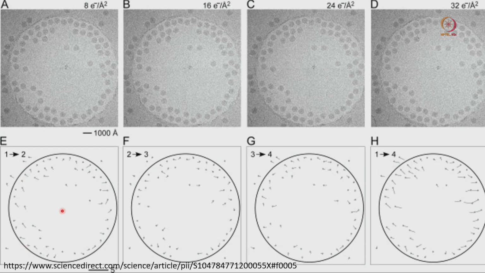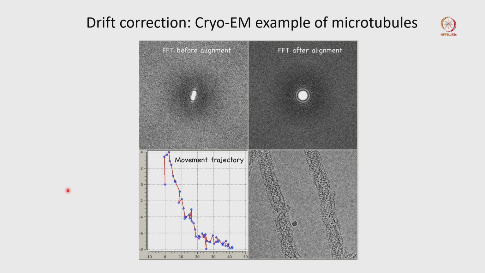That is one of the reasons I said that when there is an electron beam interaction with a protein sample or any biological sample, we cannot predict what kind of motion we will see, and you can see that in the previous image also. Here you can see the movement of the frames.